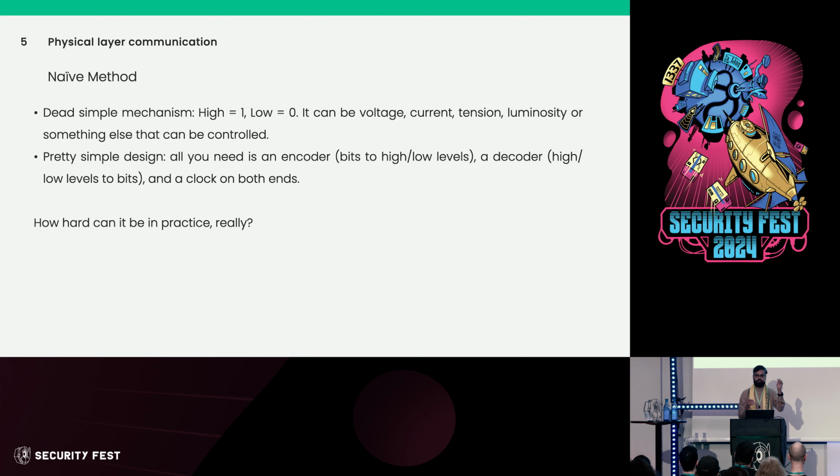And if I keep it low, I will interpret it as 0. This is very simple stuff. And now if I want to transmit something in sequence of zeros and ones, I can keep varying the levels between high and low, and I can read it at the other end and then recover zeros and ones out of it.